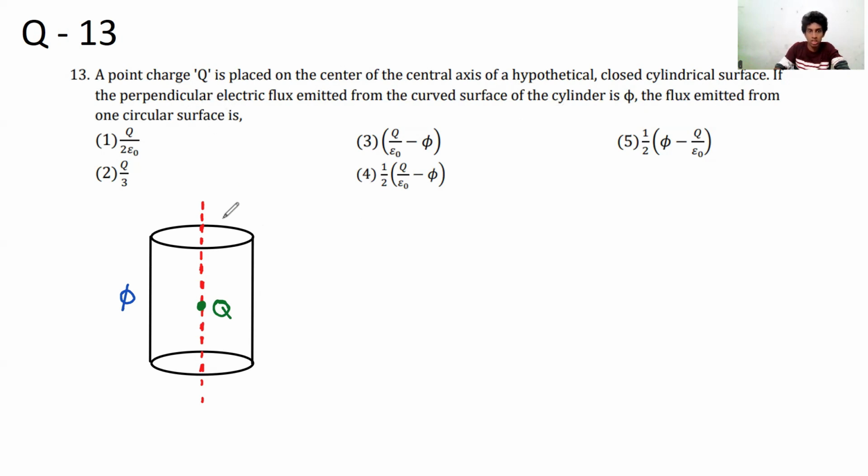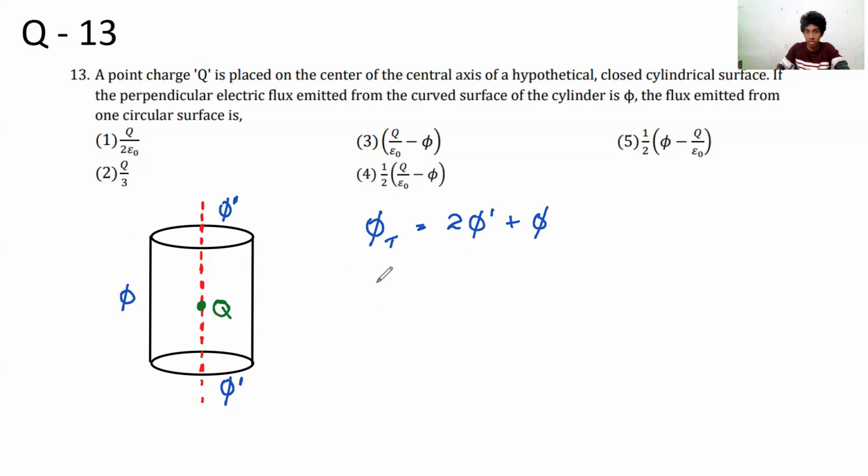So let's take the flux emitted from one circular surface as psi dash. So the flux emitted from the other circular surface will also be psi dash. So then let's take the total flux emitted from the cylindrical surface as psi t, and that will be equal to 2 psi dash plus psi.